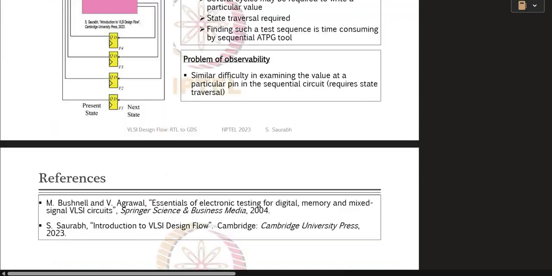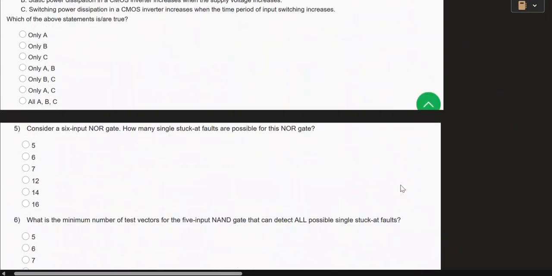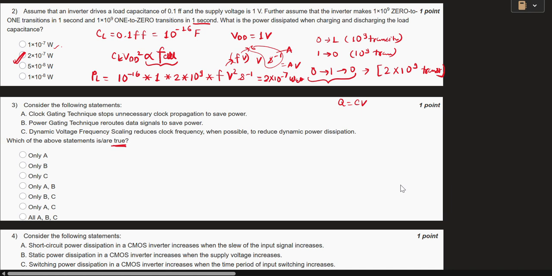Okay. Now we are in a position to solve that question. Let's go to that question again. So what is written here? The clock gating technique stops unnecessary clock propagation to save power. So yes, this is a correct statement. Power gating reroutes data signal to save power.